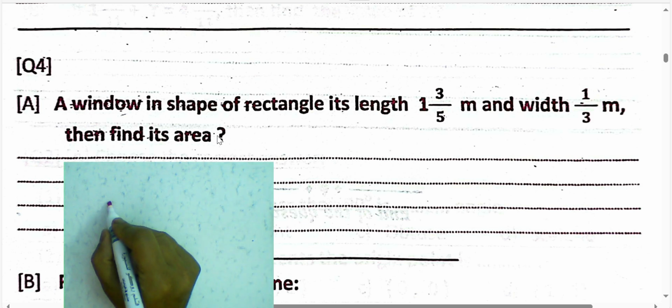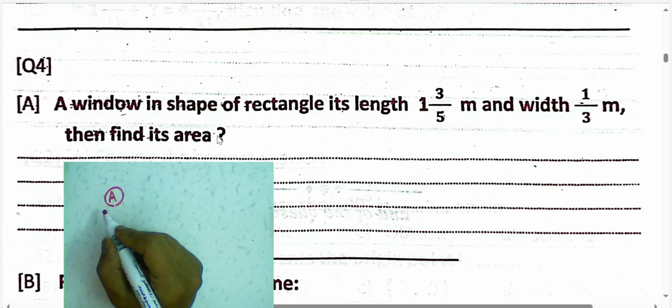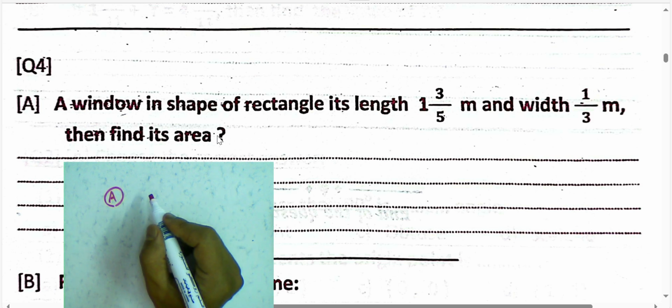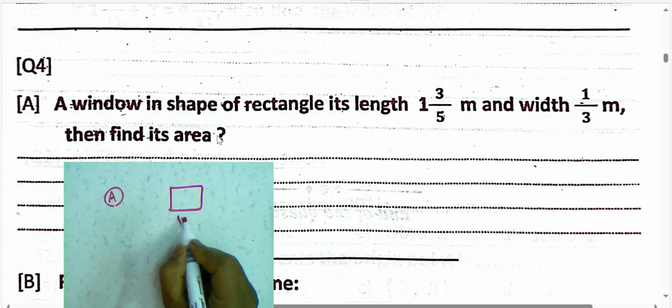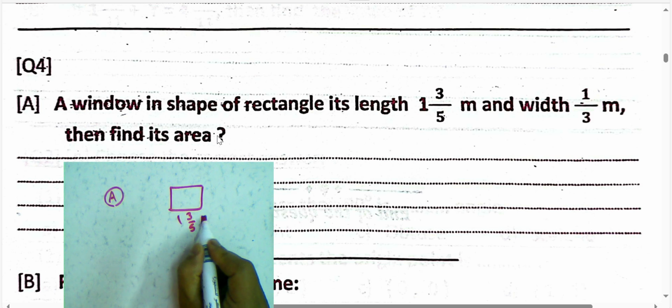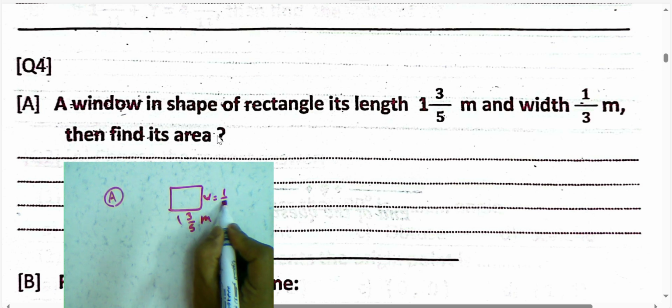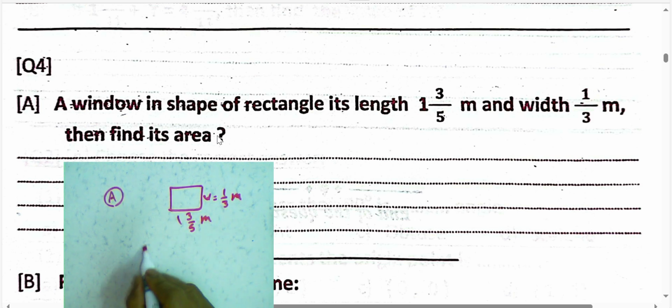Next question, number 4, letter A. A window in the shape of a rectangle, its length 1 and 3/5 meter, and its width equals 1/3 meter. We want to find the area.